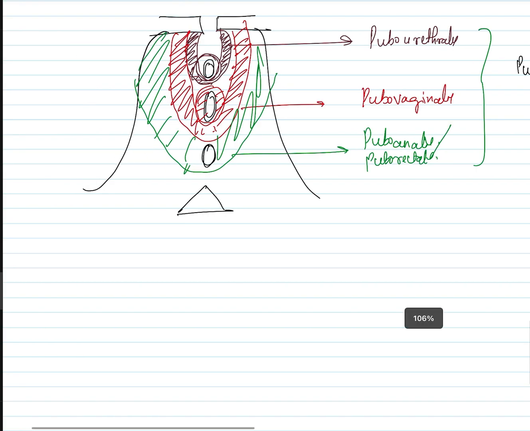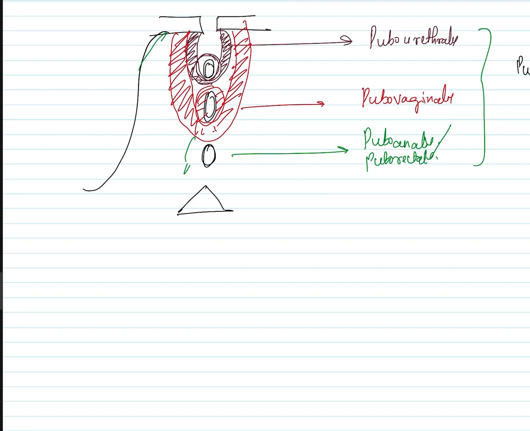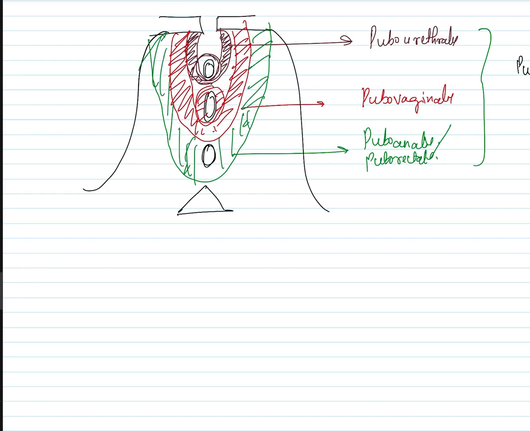And other muscles are your, okay, wait. This is your pubovaginalis or puboanalis. Now what you have is iliococcygeus. So this is your ilium, and from here it goes to the coccyx. That is why it is called iliococcygeus.